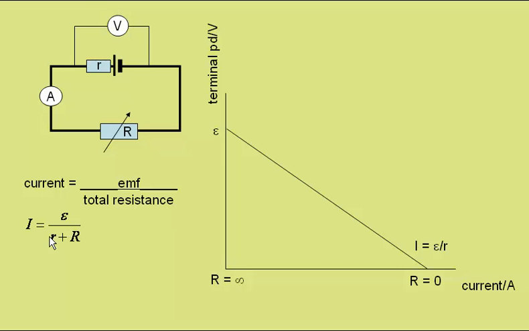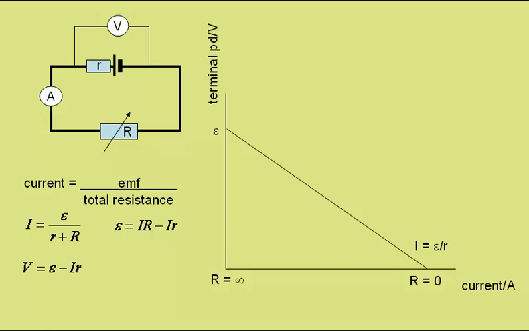We can write this as current is equal to EMF over internal resistance plus load resistance. Rearranging this, we can say that the EMF of the supply is equal to the current multiplied by the external resistance, or load resistance, plus the current multiplied by the internal resistance. Of course, in a series circuit, the current is the same all the way round the circuit.